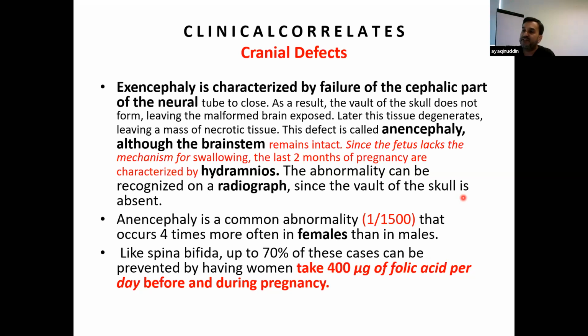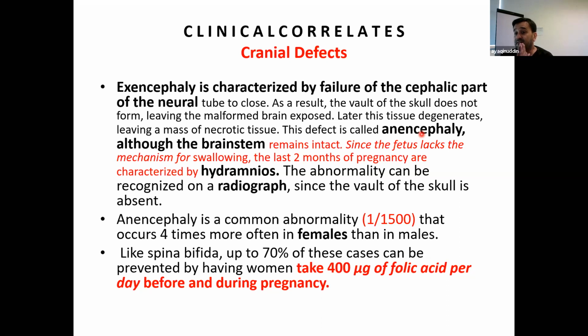There would be no meninges covering, there is no skull covering. And later, this tissue is going to degenerate, giving rise to a large necrotic tissue. When you see the necrotic brain tissue exposed to the exterior, then the defect is called anencephaly.